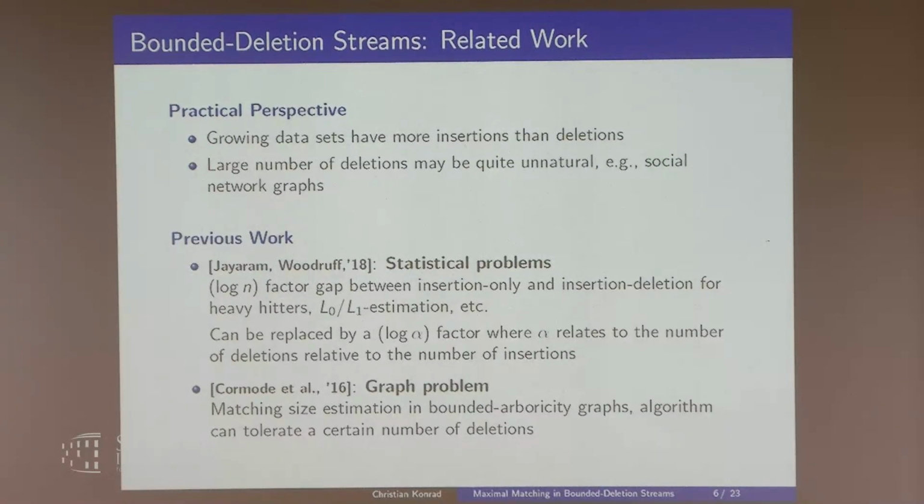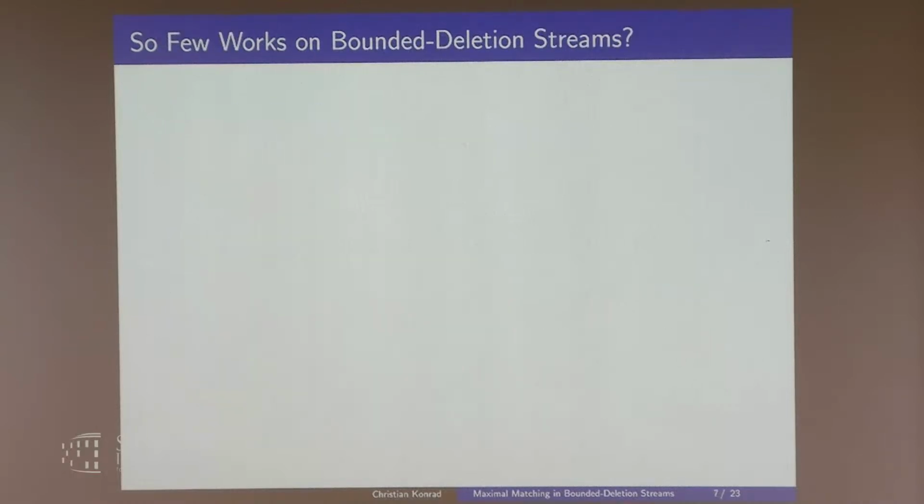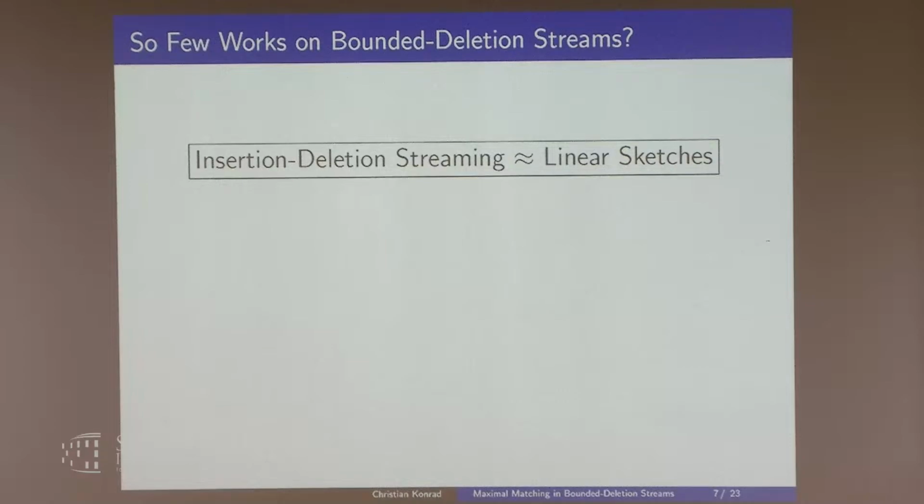Okay, so why is it that there are not more works about bounded deletion streams? I don't know why really, but I think there's this seeming equivalence between insertion-deletion streaming and linear sketches. We immediately jump to linear sketches when we think about insertion-deletion streams, and for very good reason, because linear sketches are really useful in this setting.